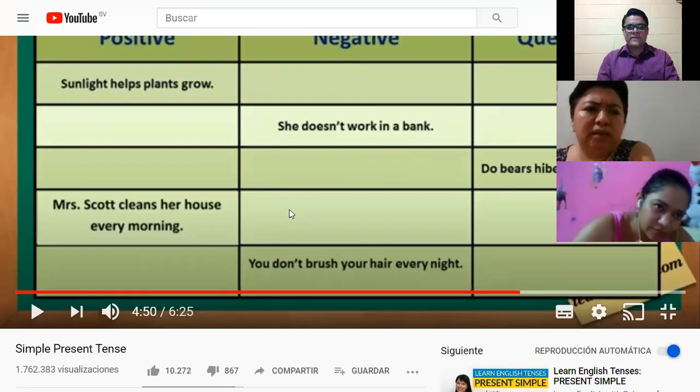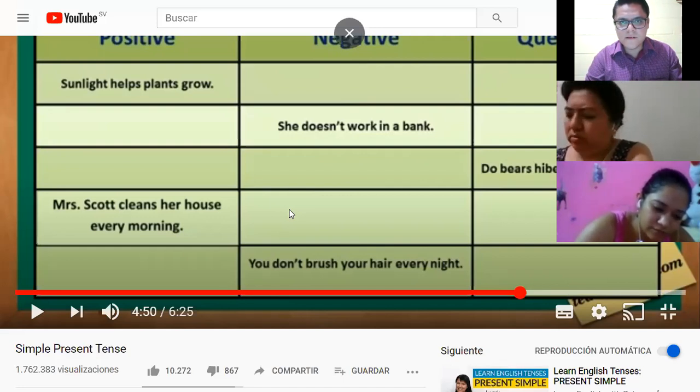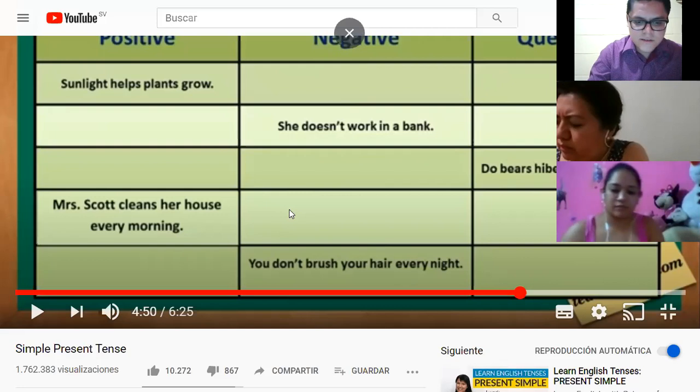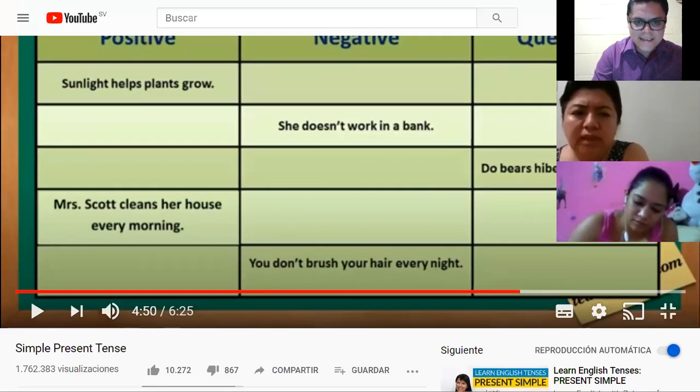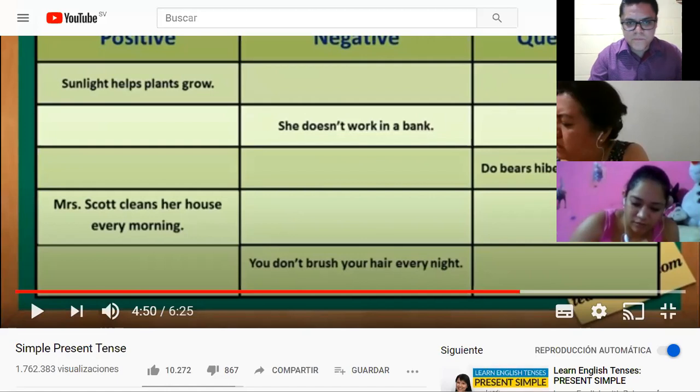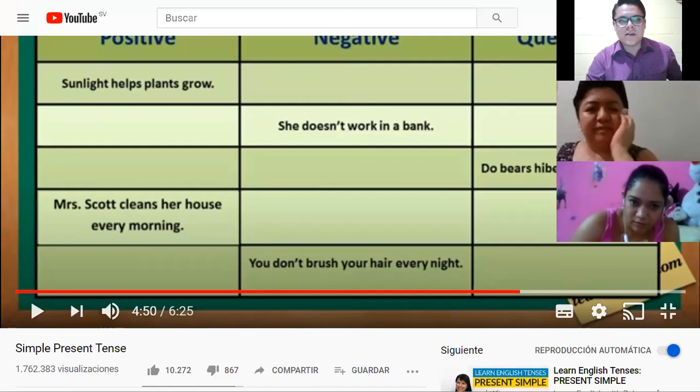Sunlight doesn't help plants grow. What might be the question?